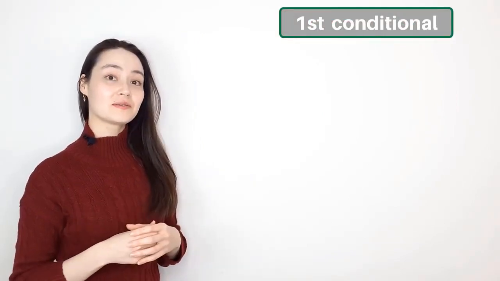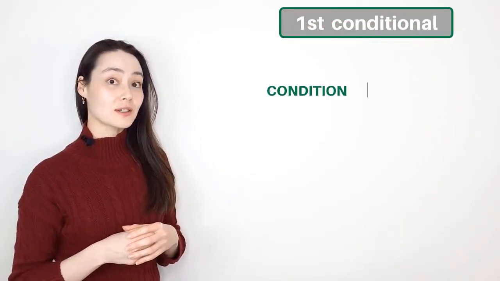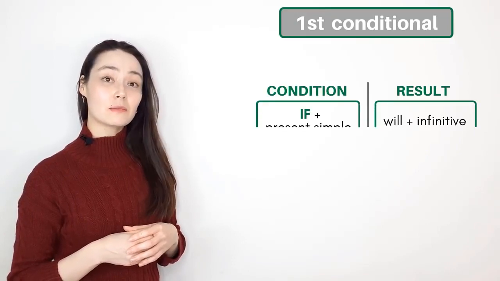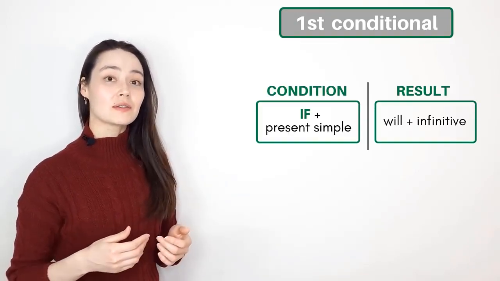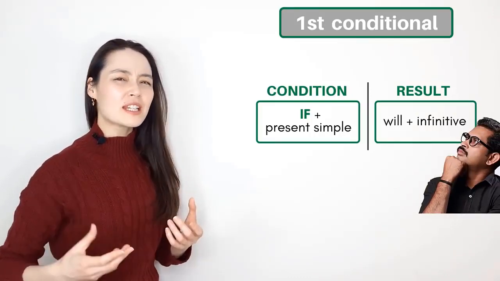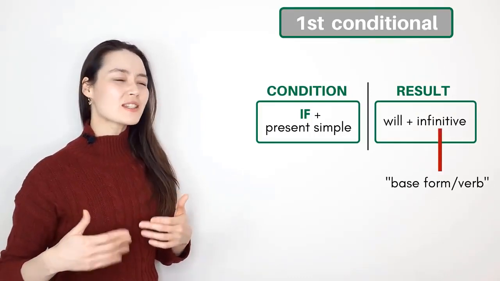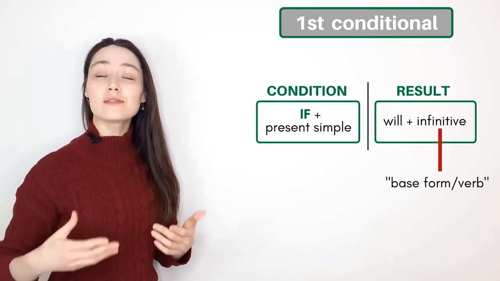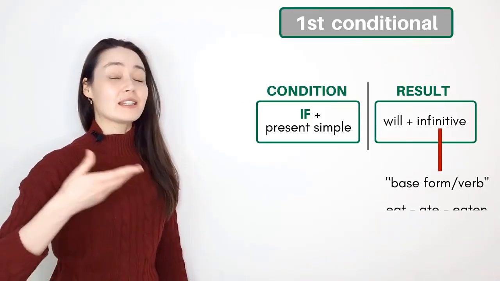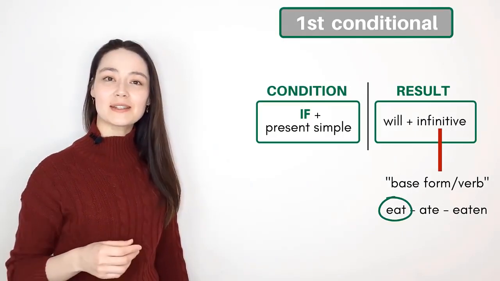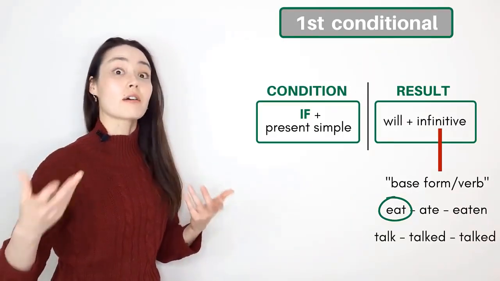First conditional. Condition, result. If plus present simple, will plus infinitive. What's the infinitive? You might know it as the base form. Infinitive base form is verb number 1. Eat, ate, eaten. Eat is my infinitive. Talk, talked, talked.